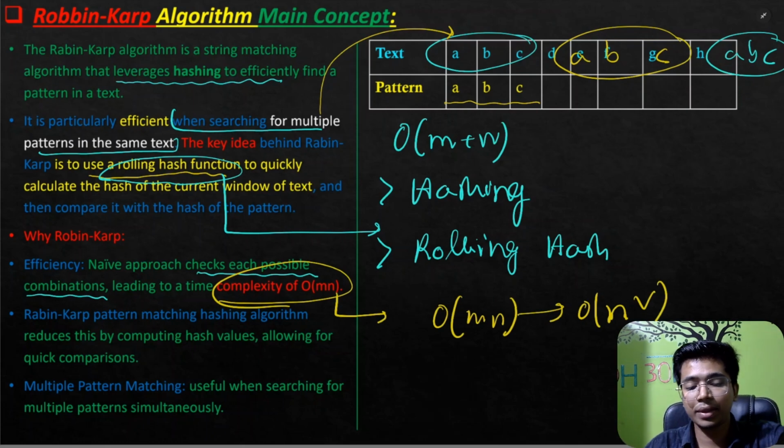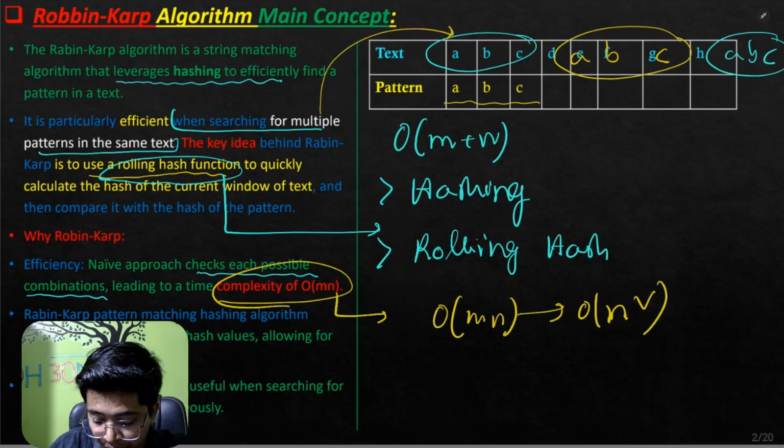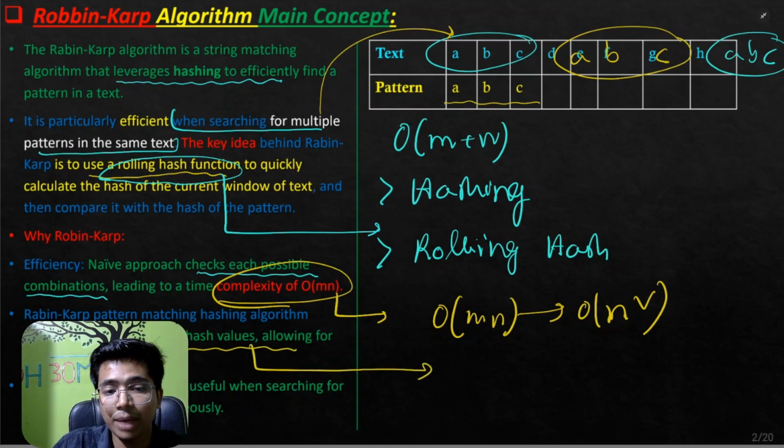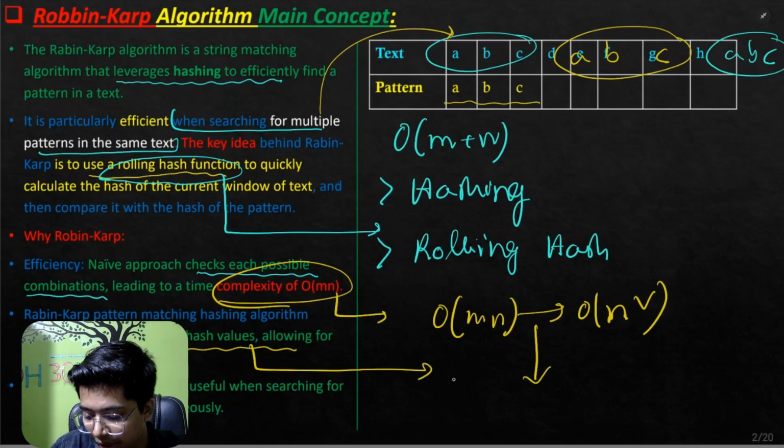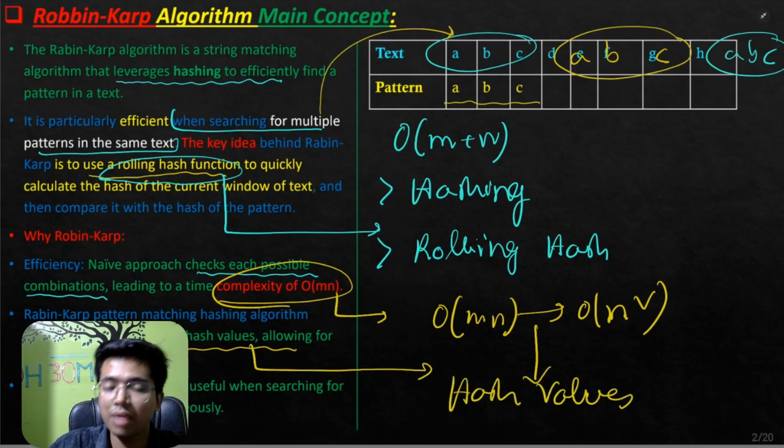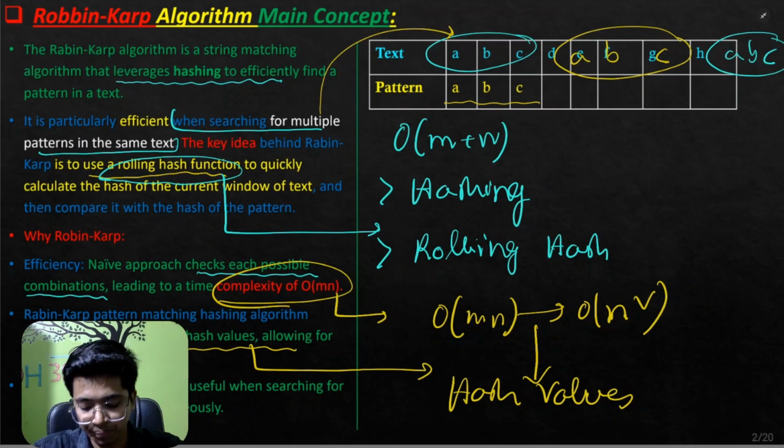Now the Rabin-Karp pattern matching algorithm reduces this by computing hash values. By utilizing the hash value concept, the Rabin-Karp algorithm reduces this time complexity. And in this video we will be studying the most optimized method of the Rabin-Karp algorithm.